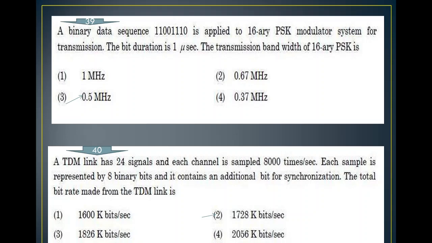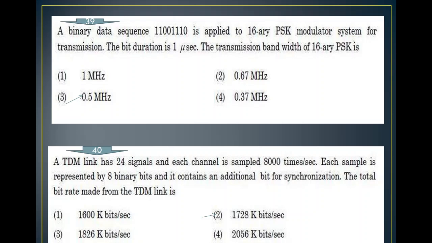Next question, question number 40. A TDM link has 4 signals and each signal is sampled 8,000 times per second. Each sample is represented by 8 binary bits and it contains an additional bit for synchronization.